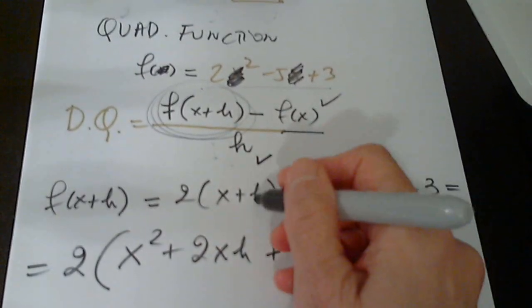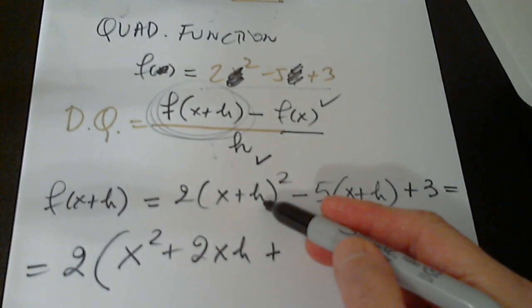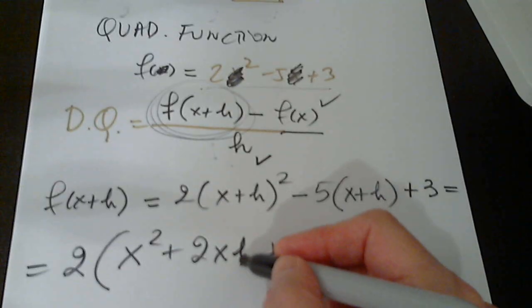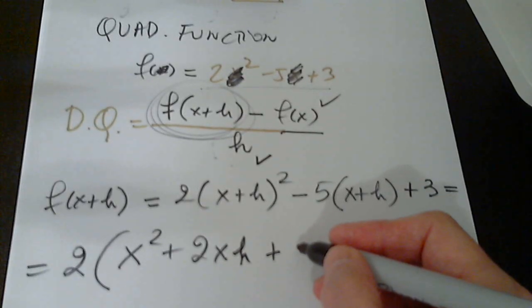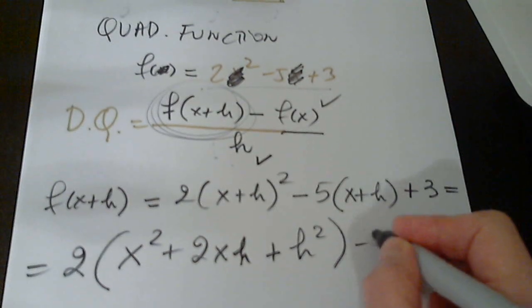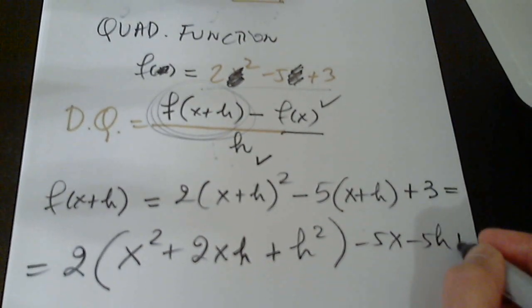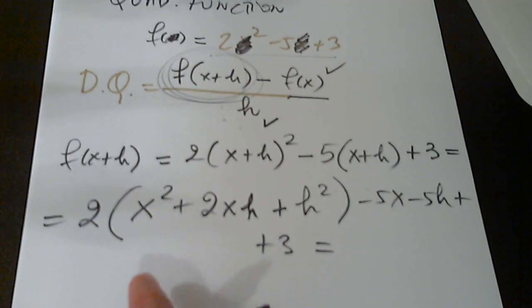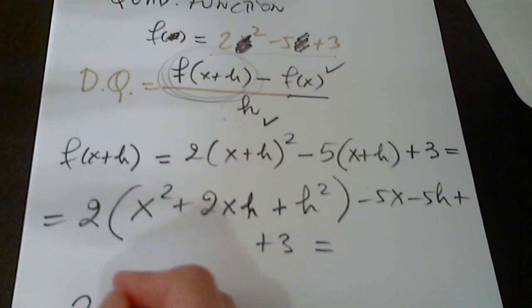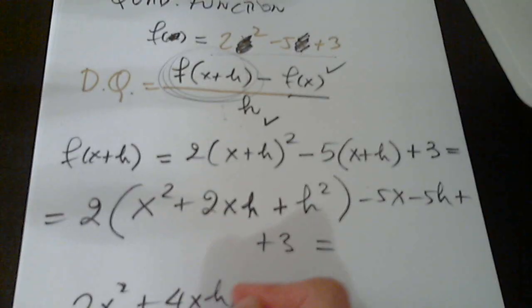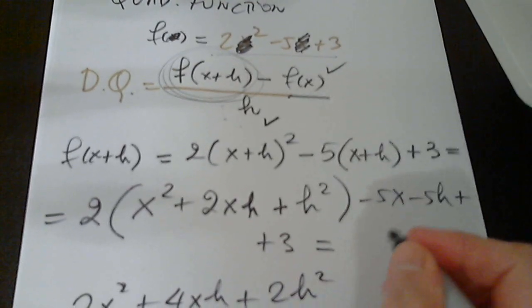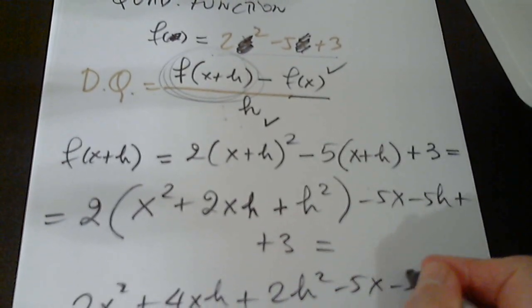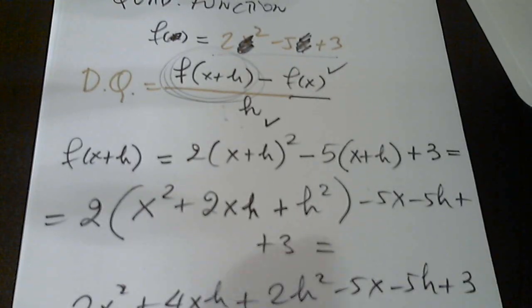Yes. Plus h squared, very good. Minus 5x minus 5h plus 3. Now I can distribute. 2x squared plus 4xh plus 2h squared minus 5x minus 5h plus 3.